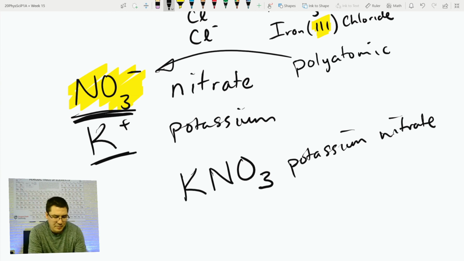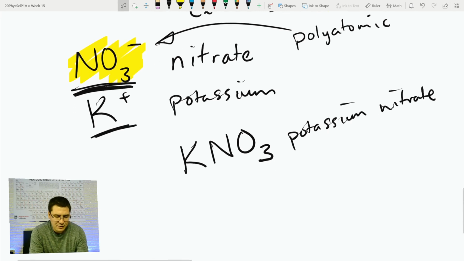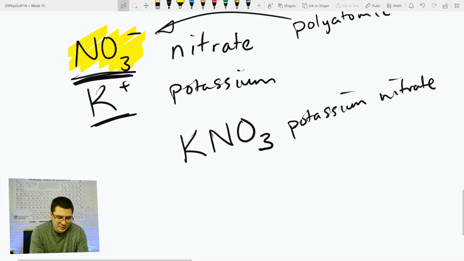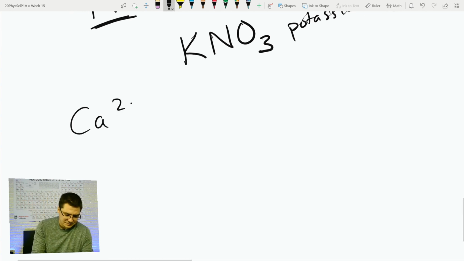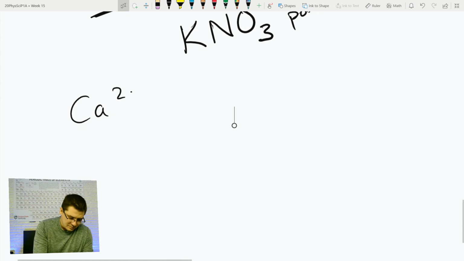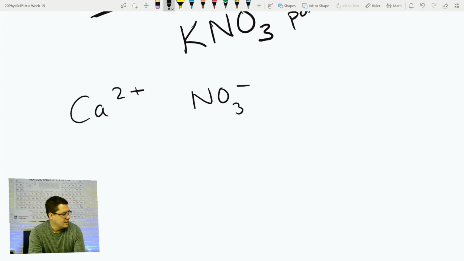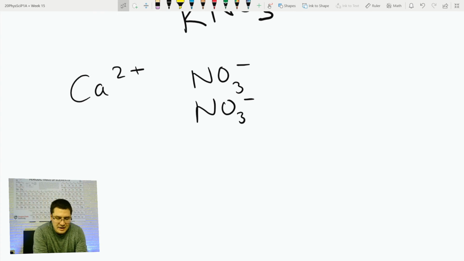Okay, so that's a polyatomic ion. If we do the same polyatomic ion, nitrate, but this time I pair it with calcium, so calcium 2 plus, and NO3 minus. In this case, I need 2 nitrates to balance out the charge of the calcium.